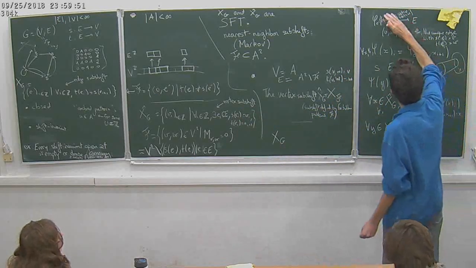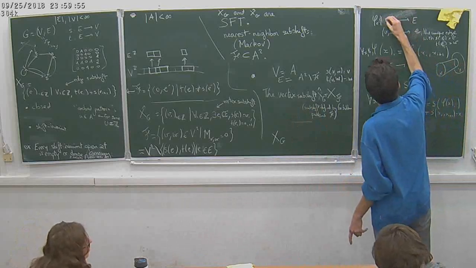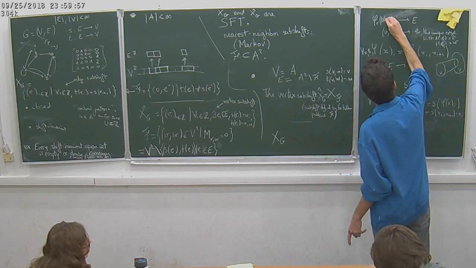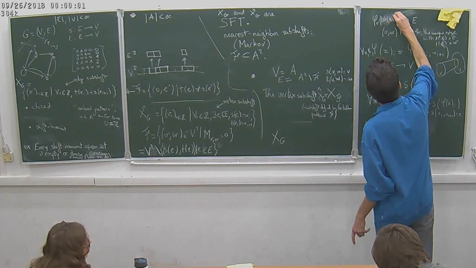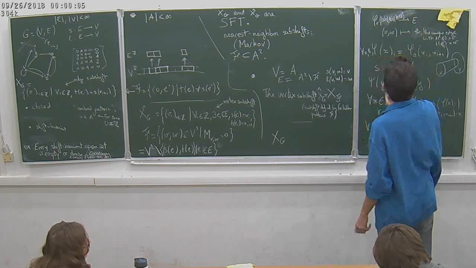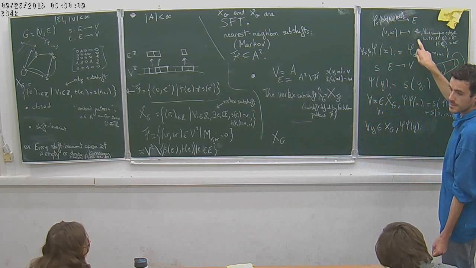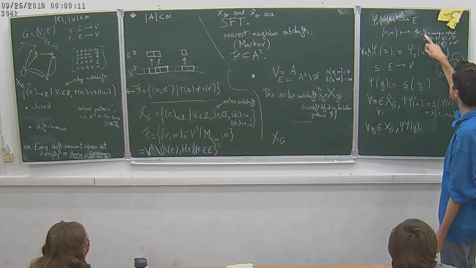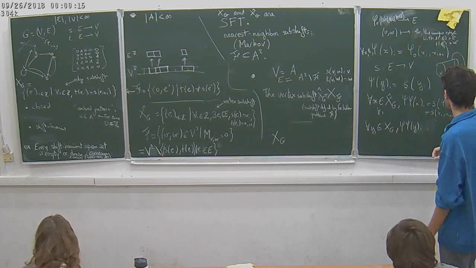I can write it more compactly, like here: the set of s of e, t of e, where e is in E. So there is at least one edge, and if there is no multiple edge, then it means there is exactly one edge, so this is well defined.